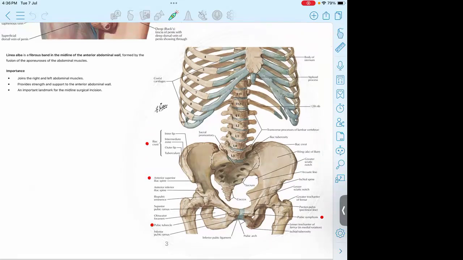We all know about these things, but we should recapitulate again. The iliac crest is this area, anterior superior iliac spine. This is the anterior inferior iliac spine. But for our study, we need the anterior superior iliac spine. Then the pubic tubercle in this area, and we need the pubic symphysis from this image, okay? And the 12th rib and 5th to 12th rib, we all know about that.